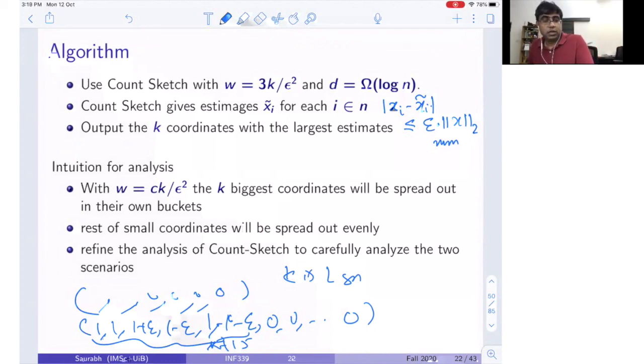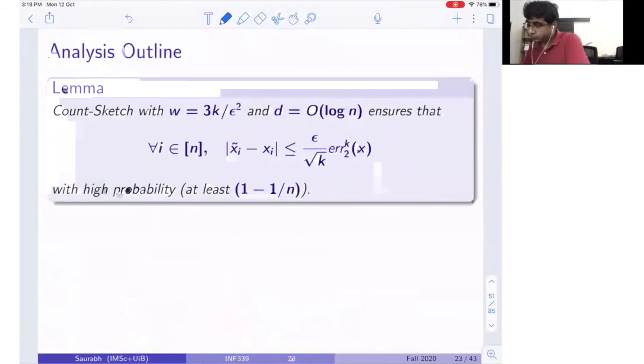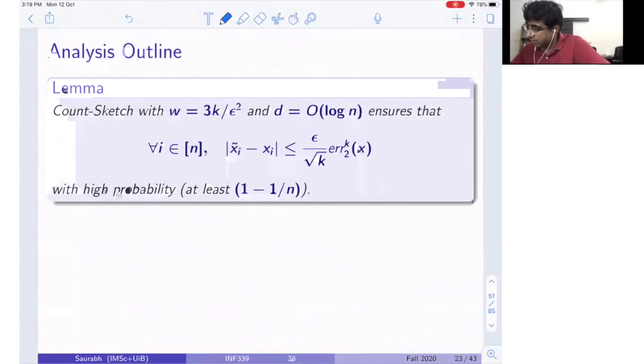So the theorem, or the lemma, which we will prove is that if you take count sketch with W being 3k over epsilon square and D of order log n, then for all i in n, with very high probability, this is the estimate we will have: xi tilde minus xi is at most epsilon root k times the error term, okay?